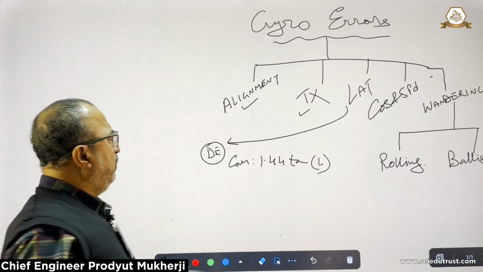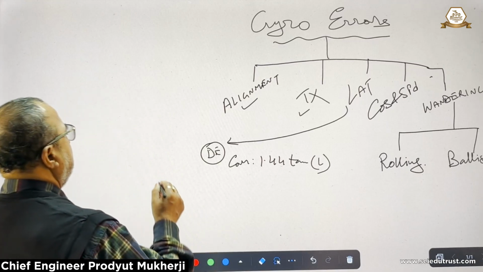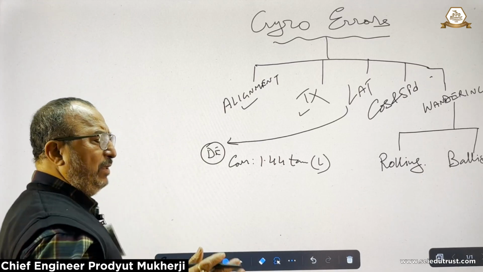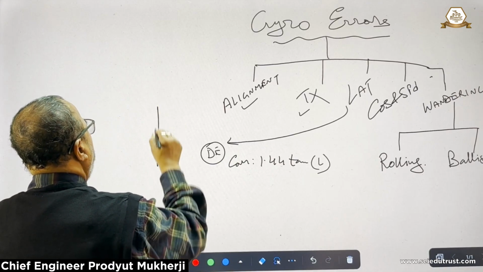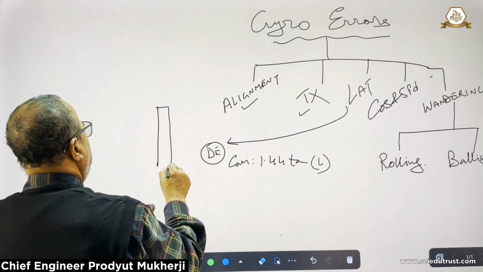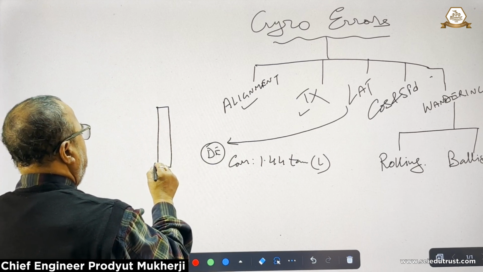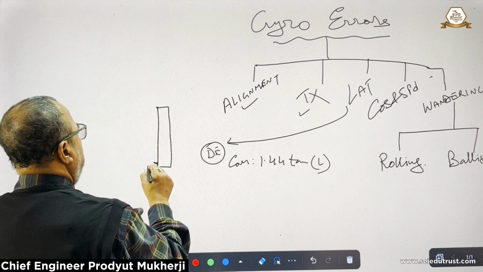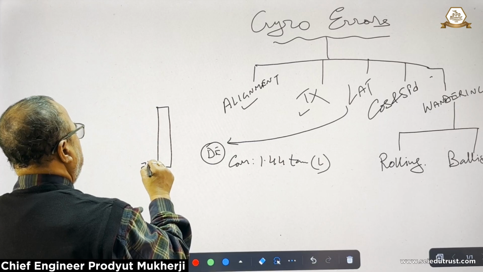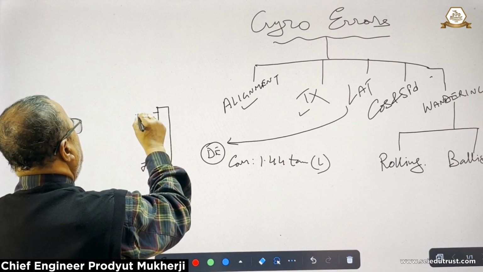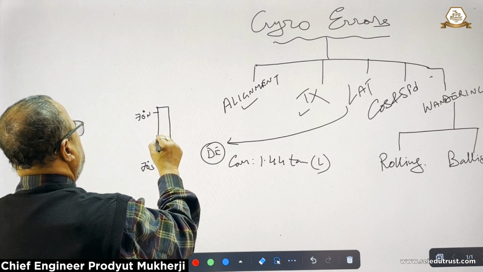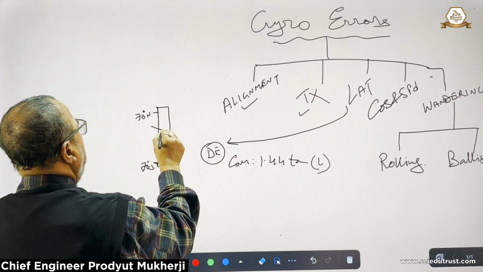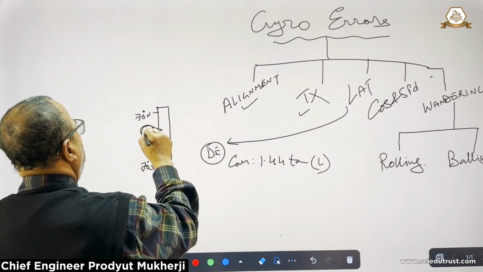Yes, you will find that if it is a manual type, a scale is provided, and here say 70 degrees south and here 70 degrees north, and this is the center, and here you have a knob.